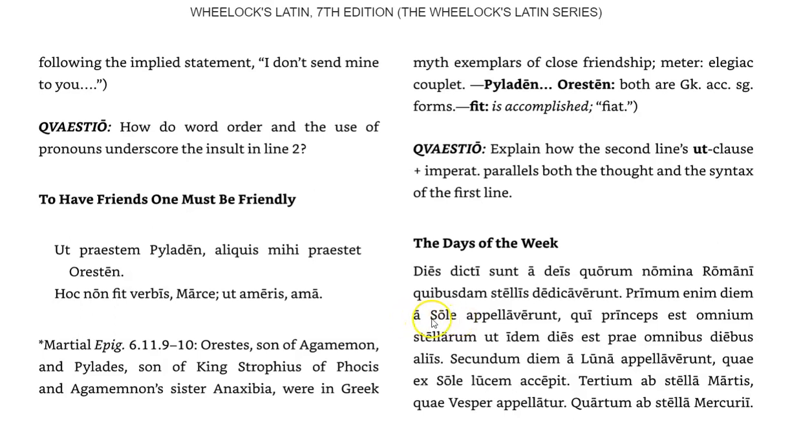And so from the sun, I think, expresses the Latin a little bit better, but it just sounds a little bit awkward in contemporary American English to say, for the first day they named from the sun, where it sounds a little bit more natural to say, for the first day they named after the sun.